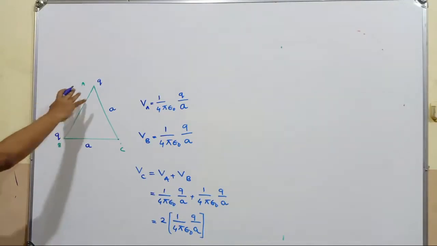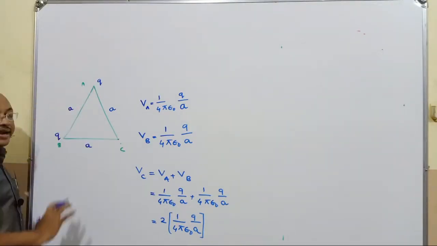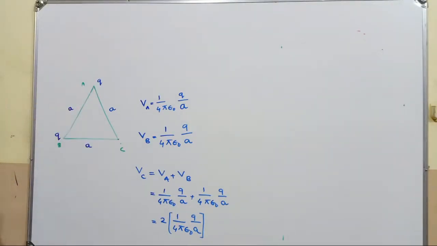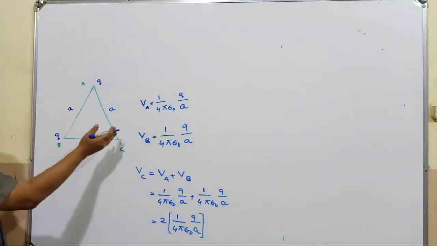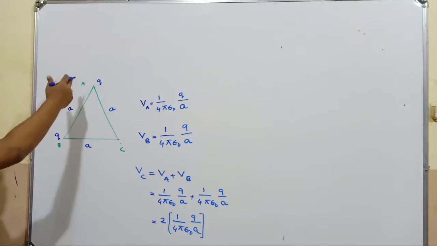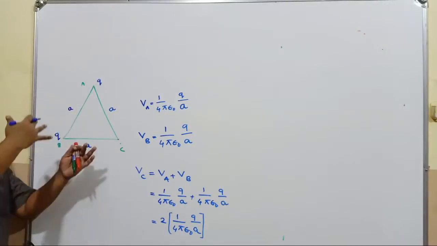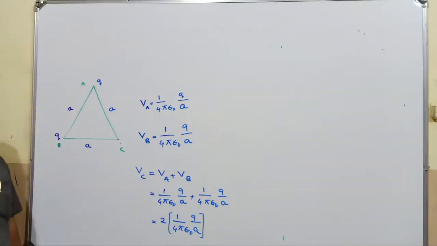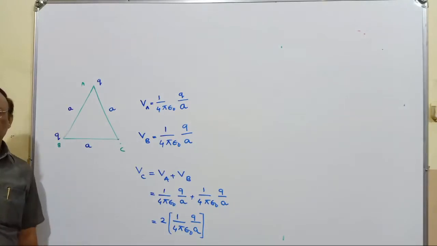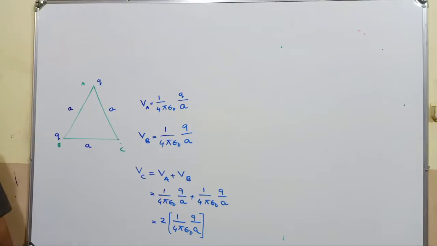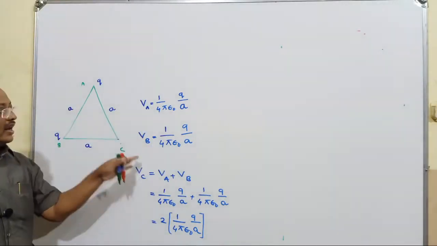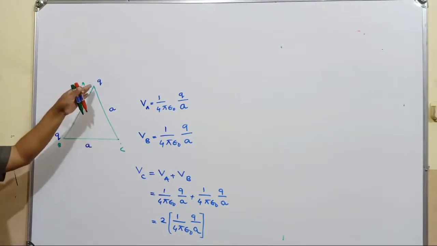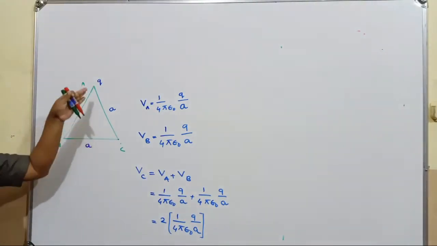We are just adding them, unlike in your electric force and field, where to find the field at this point because of these two charges, we were doing all the vector addition, which was very difficult. But since potential is a scalar quantity, we are just adding electric potentials normally here.